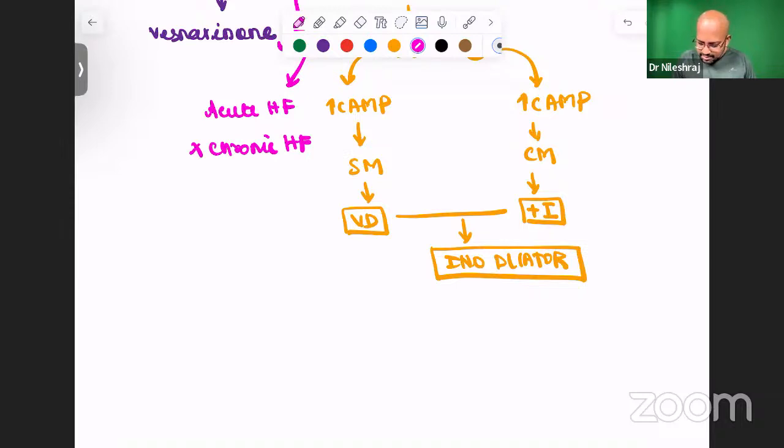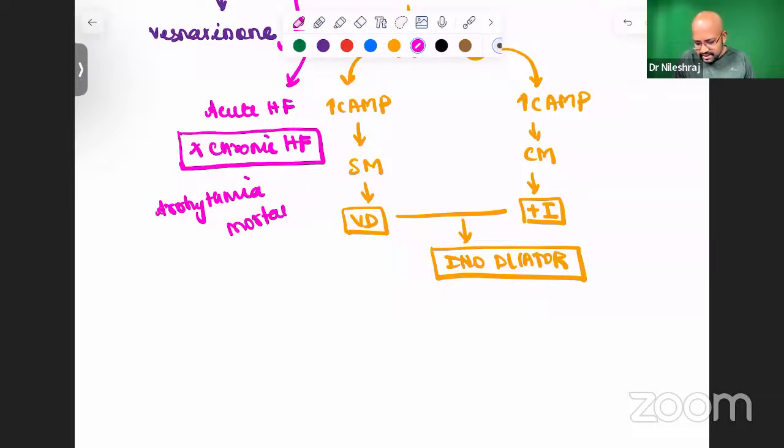Because if you give the drug on a long-standing basis, patients might develop arrhythmia, and because of arrhythmia, patients might die. That's why this drug might increase mortality when given for a longer duration. So it is not recommended for a longer duration. Just give it for a shorter duration. Only for acute heart failure can we administer milrinone.